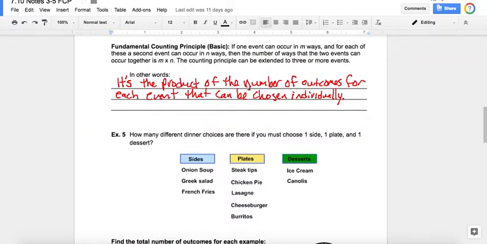Okay, so basically what we're doing is counting the number of ways that each can occur and multiplying them together.